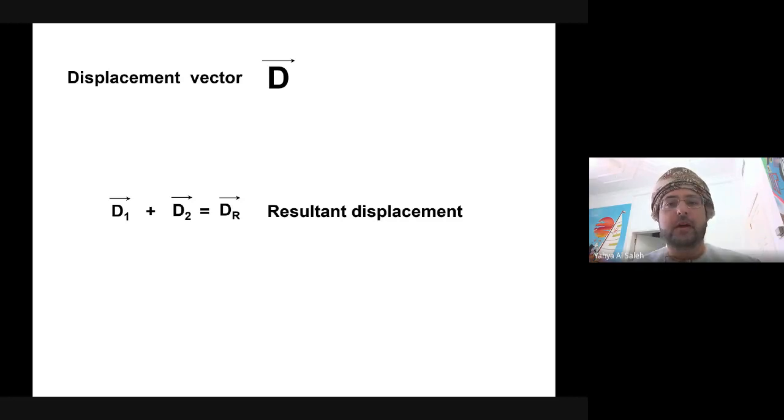Remember, for distance, when we went 10 this way and 5 this way, we would say distance is 15. But 10 this way and 5 the other way, we call it 5 displacement. And the reason we treat them differently, although we did not speak about it explicitly before, is because displacement is a vector. And when we're asking about the displacement, we're looking at the resultant displacement.